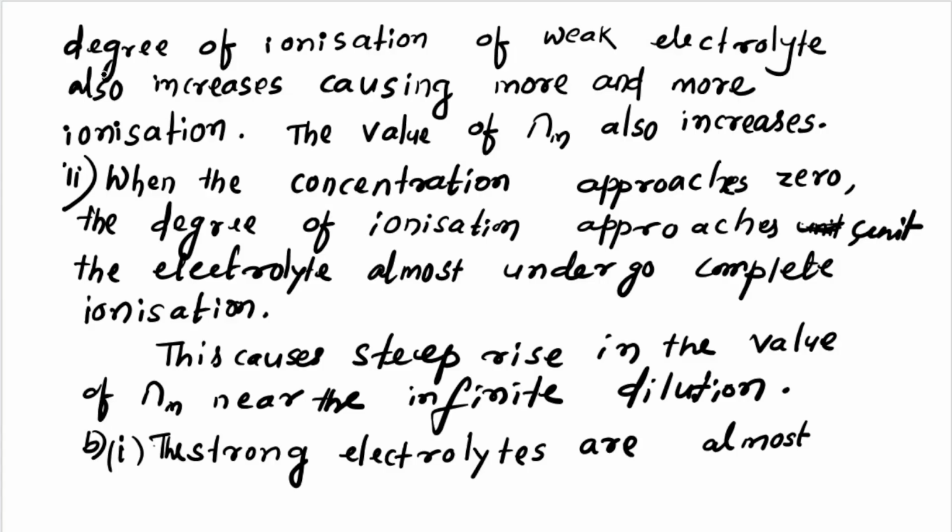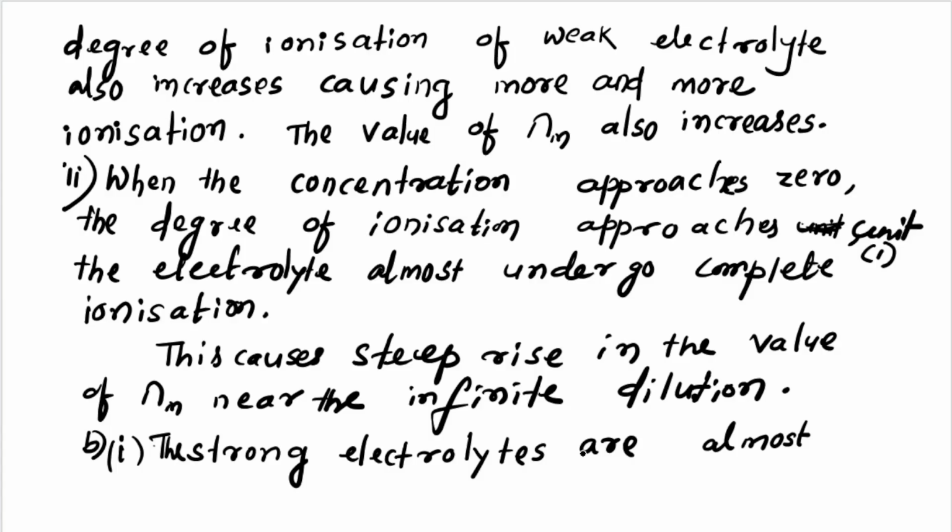Then the electrolyte is almost completely ionized. This causes a steep rise in the value of molar conductance near infinite dilution. When the concentration approaches 0, with more and more dilution, the degree of ionization approaches unity, and you can say this is infinite dilution.